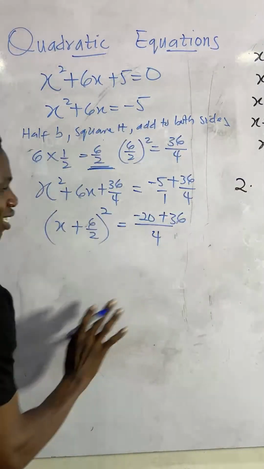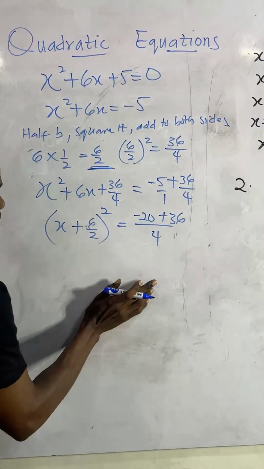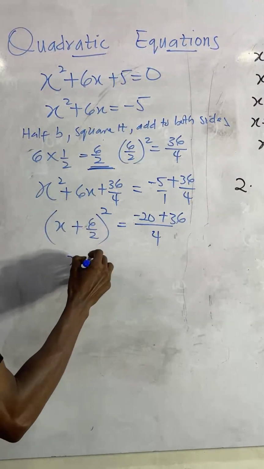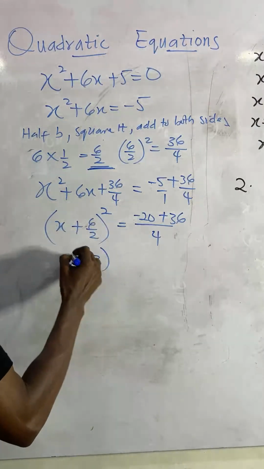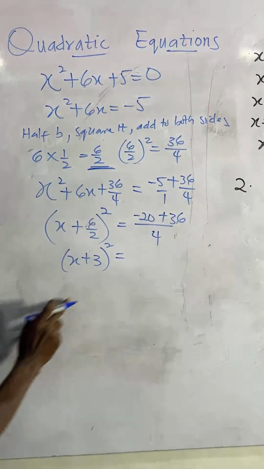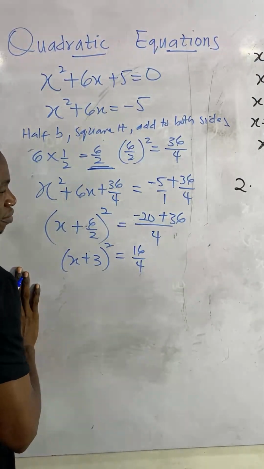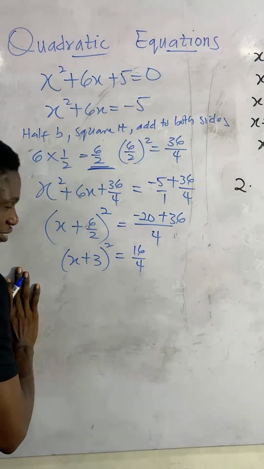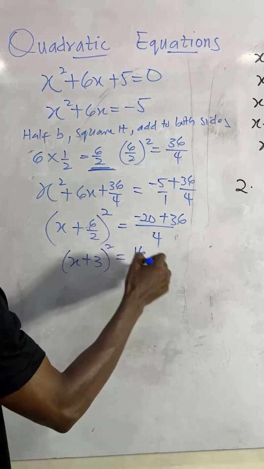It always works that way. So just pick that half value, bring it down here. It always works. So from here we have x plus 6/2, that's 3, squared, equal to 16/4, right? Which is equal to 4.